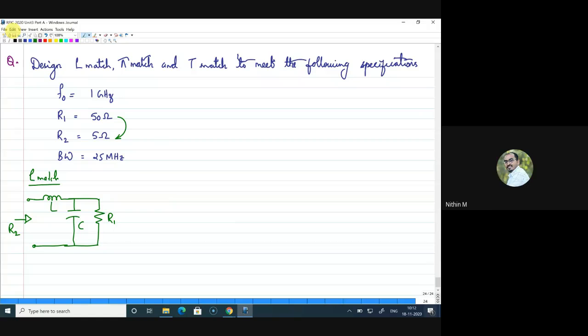Yes, sir. Did you get the answer for the values of L and C? I'm still trying, sir. Okay. Vishnu Teja. Yes, sir. Did you get the answer for this? I'm doing it, sir. Just give me a minute. Okay.